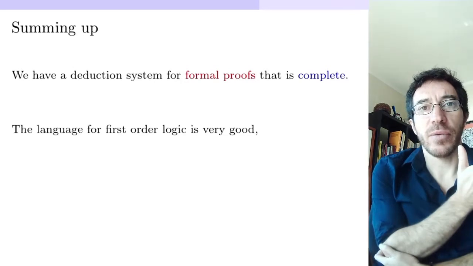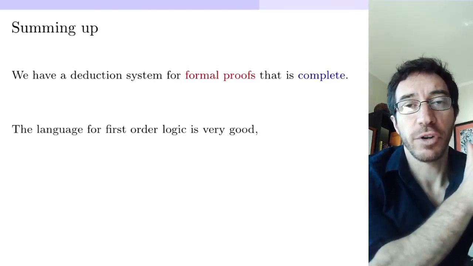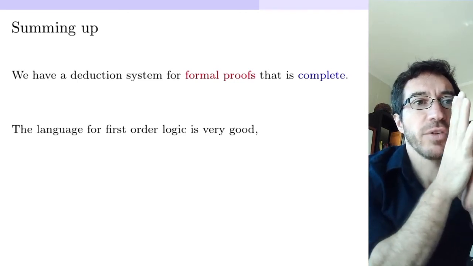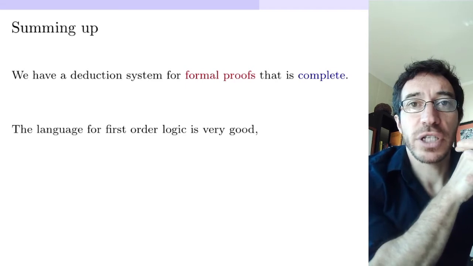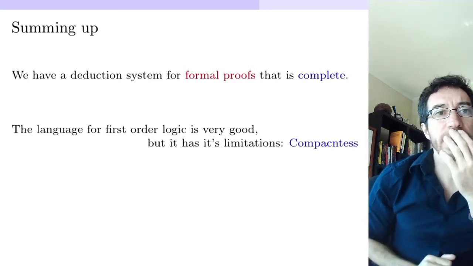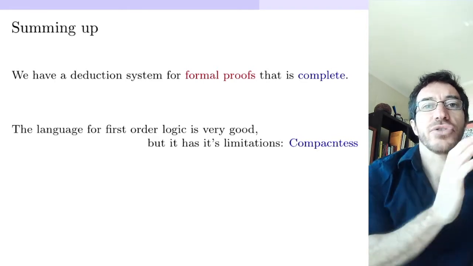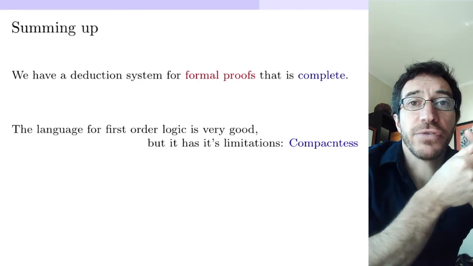Before that, in the course, we mostly concentrated on the formal system in the last 4 weeks. And before that, we were talking about first order logic and the language. The language for first order logic is very good. As we saw, we are able to play with it quite a bit, but it has a lot of limitations, and we concentrated many weeks on the study of these limitations.